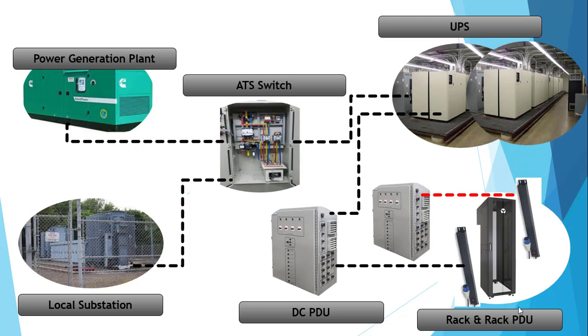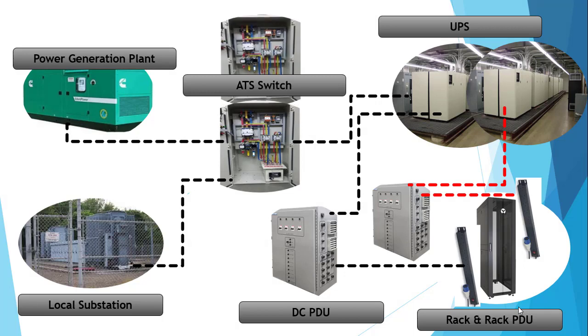Now the second UPS will supply the power to the second DC PDU. Now it's becoming simpler. Start building redundant infrastructure. Add one more ATS switch. The second ATS switch will supply to the secondary UPS.